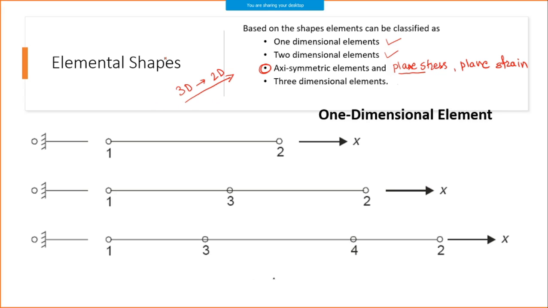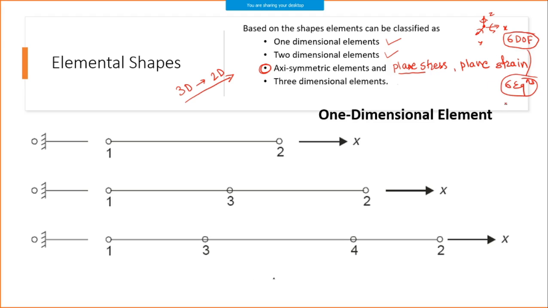Why are we doing this? If I consider any point in space, it will have 6 degrees of freedom: translations in x, y, and z, and rotation about each one. So I will get 6 equations for a single point in space.